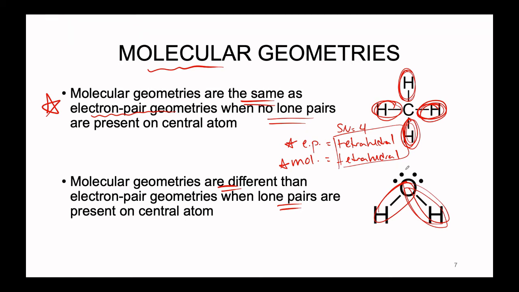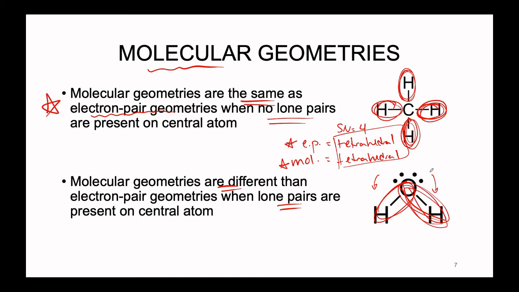This is not to say that the lone pairs don't impact the locations of these bonds. The lone pairs are going to want to push away and repel the hydrogens and their bonds as much as possible, so everything can spread out in 3D space. But if we're actually just paying attention to the locations of the atoms, it's going to look different because we're ignoring the impact of the lone pairs on the shape.